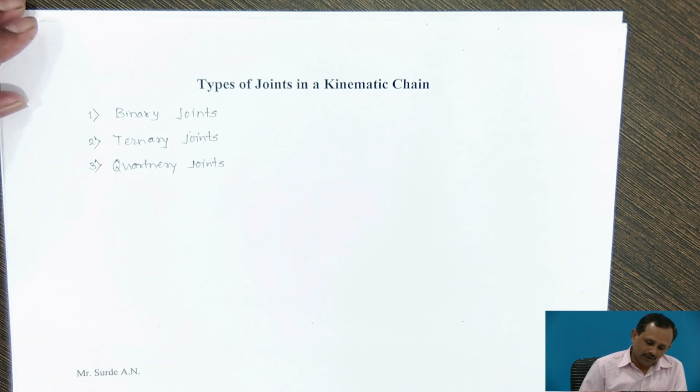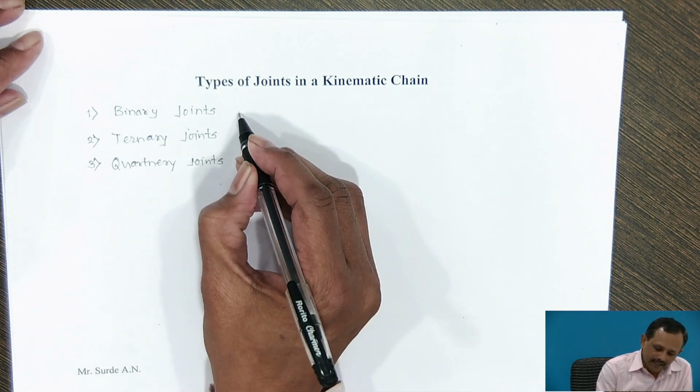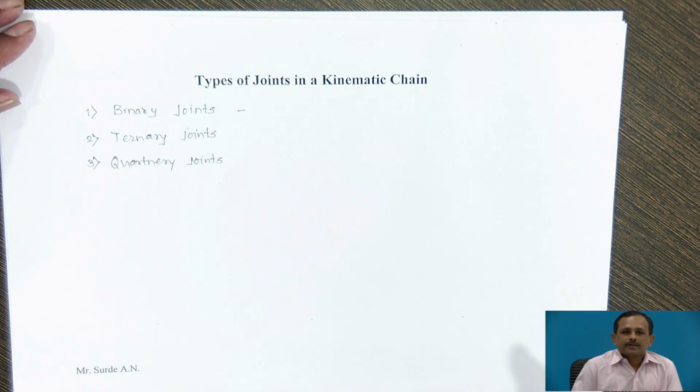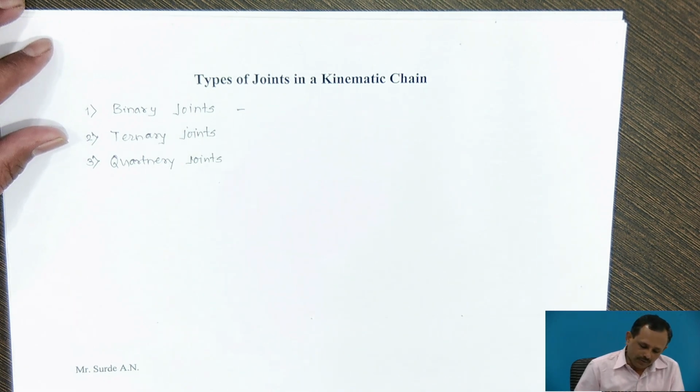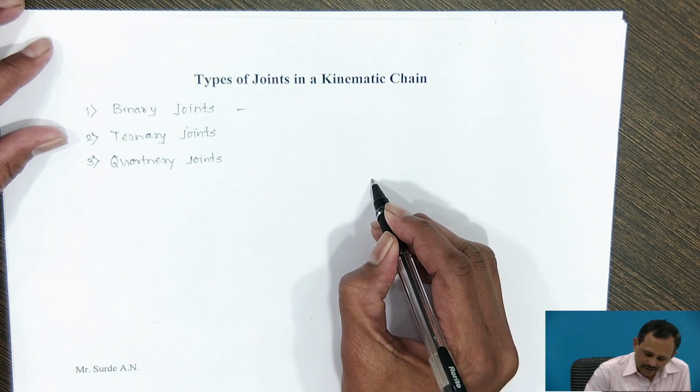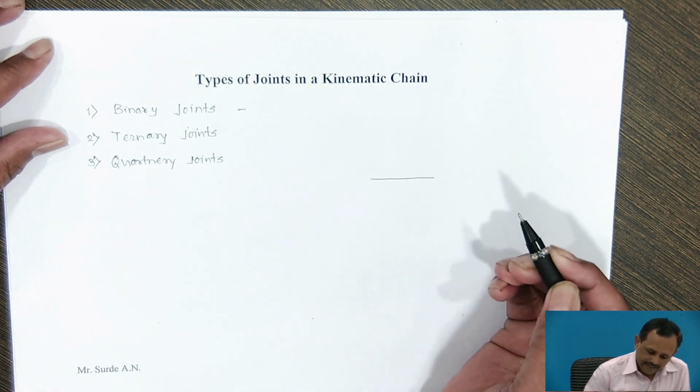First of all, we will see what is meant by a binary joint. When two links are connected at the same connection, that joint is called a binary joint. We will see this through the diagram.